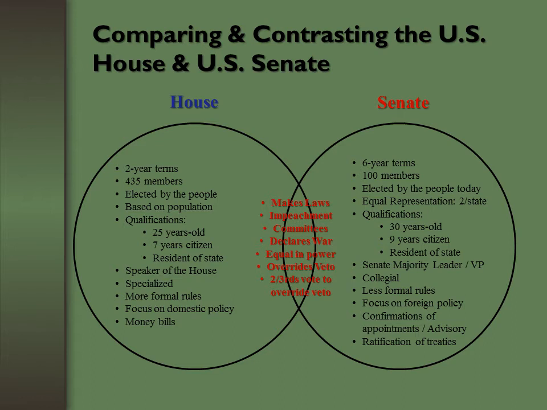They have the ability, again, to override a presidential veto by 2/3 vote, as you can see there. And also, which I didn't list down, the amendment process, as we talked about, also requires a 2/3 vote in order to advance the amendment to the states. That again requires 3/4 of the states to ratify.